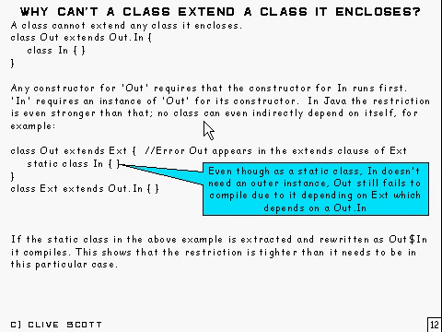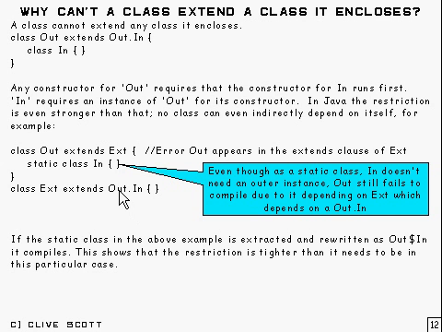For example, here we've got a class out which extends ext, and ext extends out.in. Okay, and that will produce an error because out extends ext, extends out.in, and therefore out depends on itself, basically, because it depends on out.in.